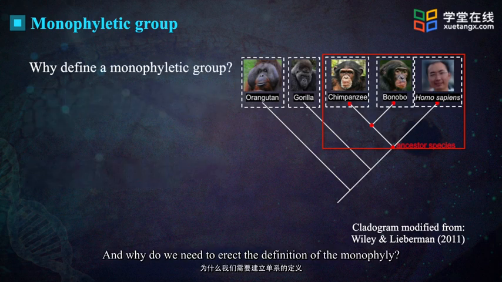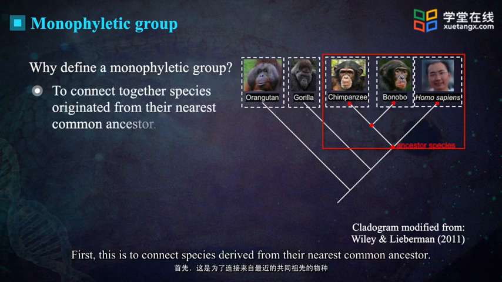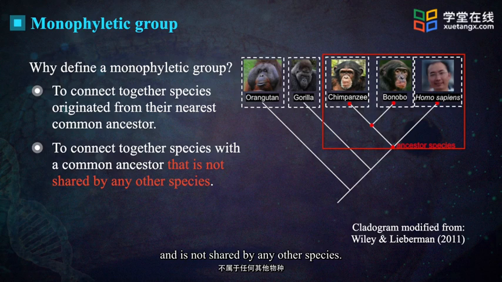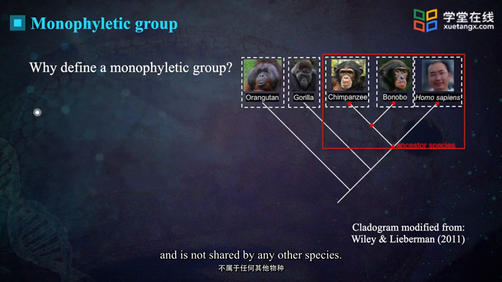And why do we need to erect the definition of the monophyly? First, this is to connect species derived from their nearest common ancestor. Second, it is also to emphasize that this ancestor only belongs to this species and is not shared by any other species.